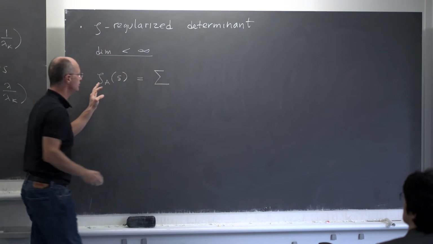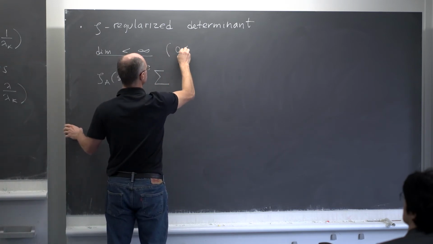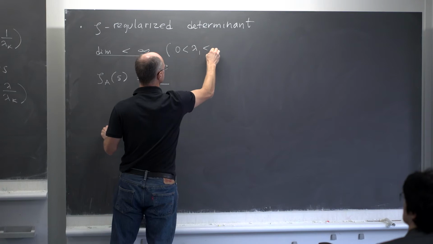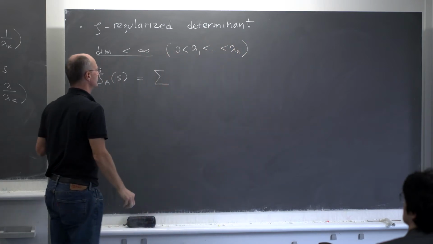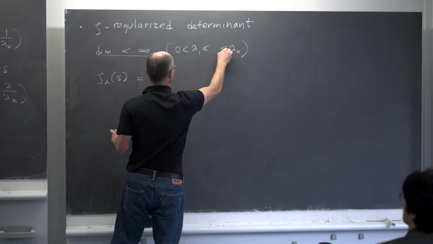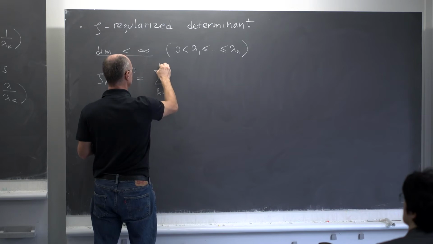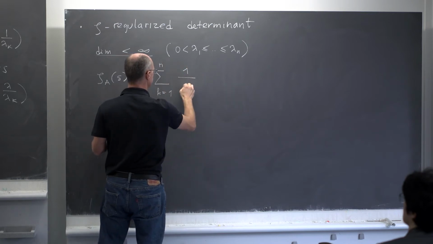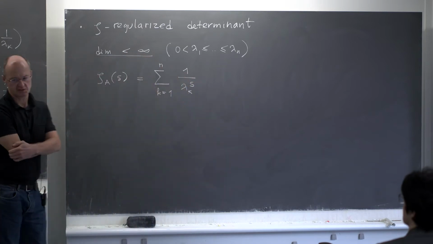So now I assume that all the eigenvalues are positive. So this will be the sum from 1 to n of 1 over lambda k to the s.